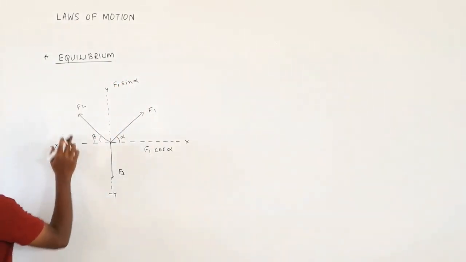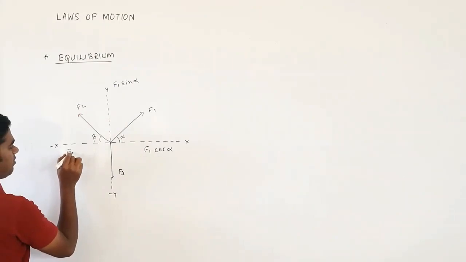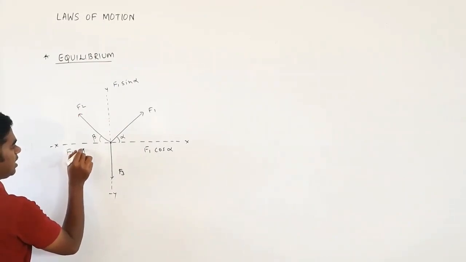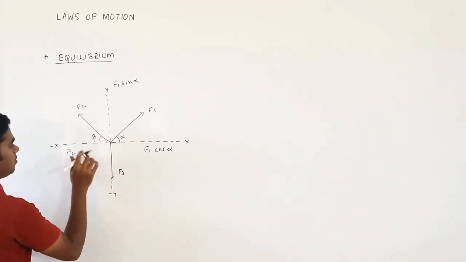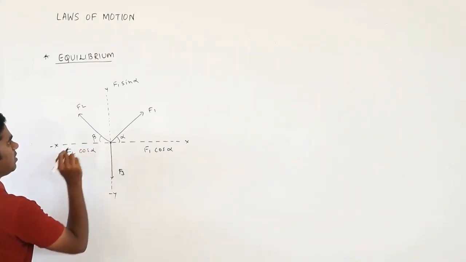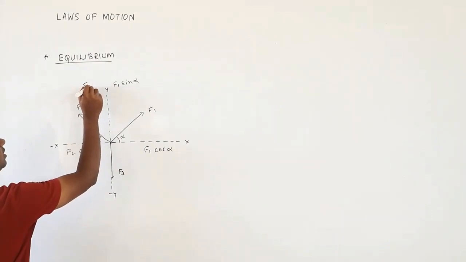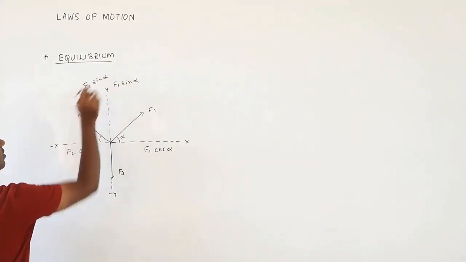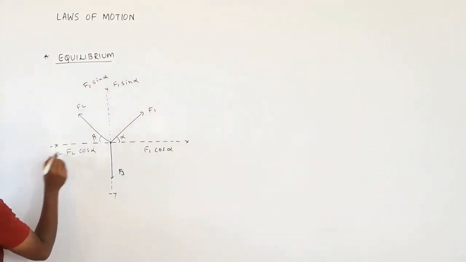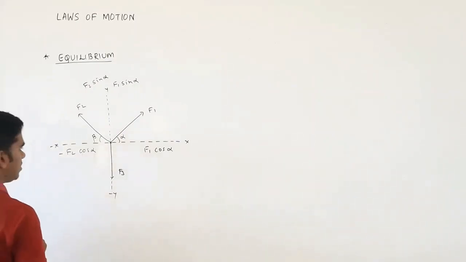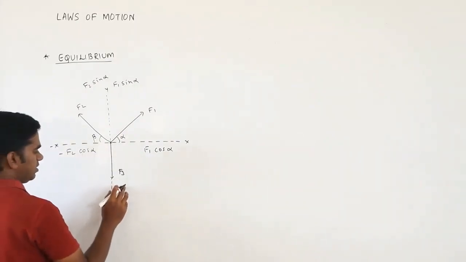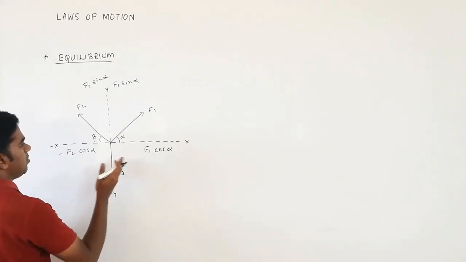Similarly, this side, F2x component is what? F2 cos beta, and the y component is F2 sin beta. But it is along the negative, so we can take it as minus F2 cos beta. Here F3 is there as it is, so no need to take its components.